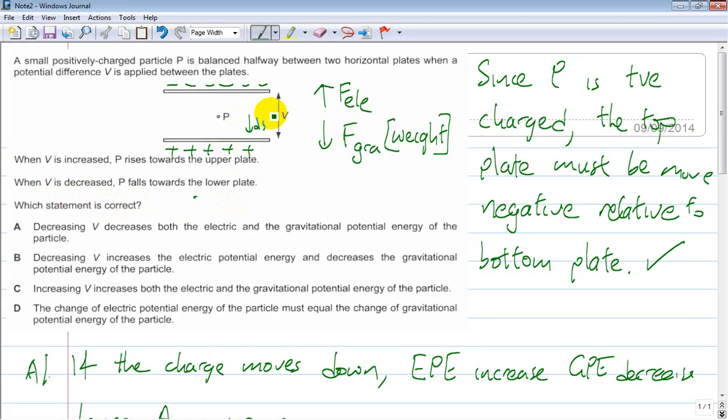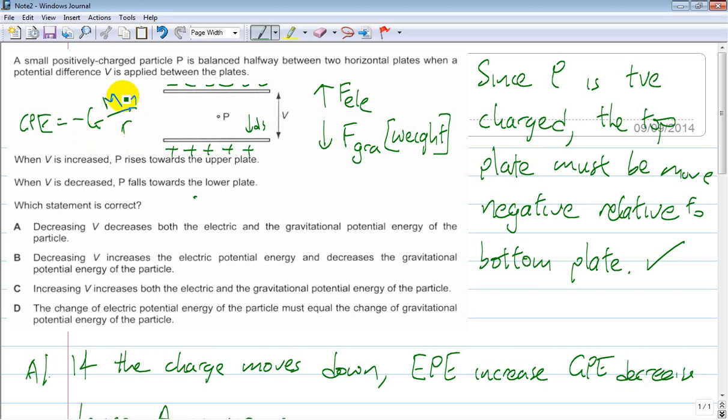So what happens when P moves downwards? Firstly, for gravitation, it's very clear cut. When something moves closer to the Earth's center, GPE obviously decreases. Whether you look at the equation GPE equals minus GMm over r, because the r value decreases, this magnitude gets bigger.